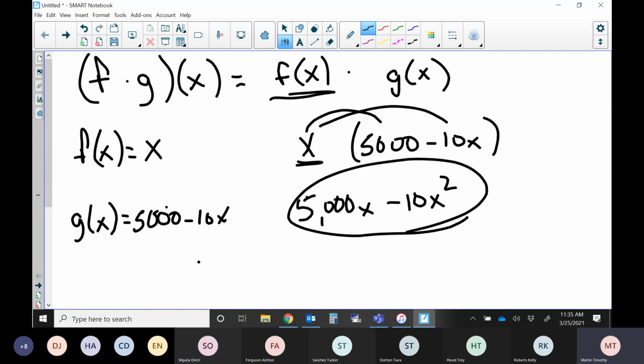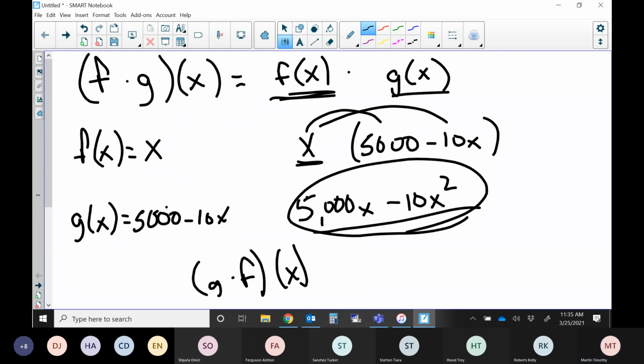And what do we know if we did g of x times f of x? Would it get me the same answer, yes or no? Yes. Because multiplication is what? Commutative. 2 times 3 is what? 6.